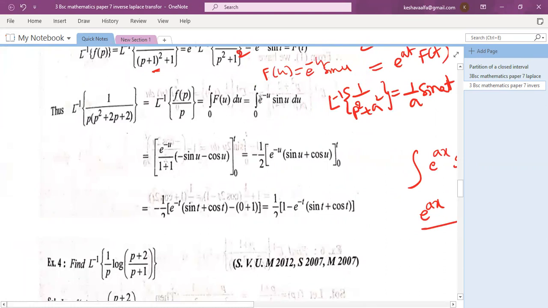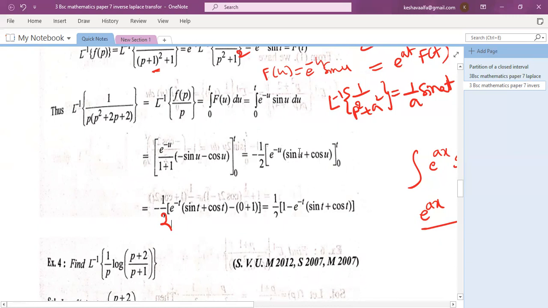So integral 0 to t e power minus u sin u is e power minus u, where b is 1 and a is minus 1, so (minus sin u minus cos u) by 2. Limits are 0 to t, apply upper limit minus lower limit. That is minus 1 by 2 e power minus t (sin t plus cos t).